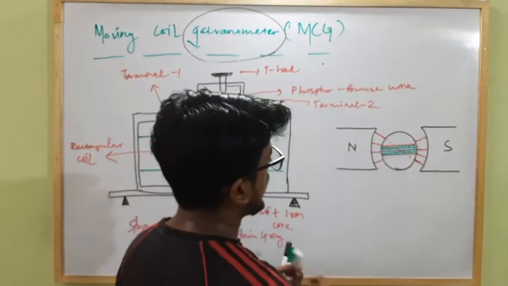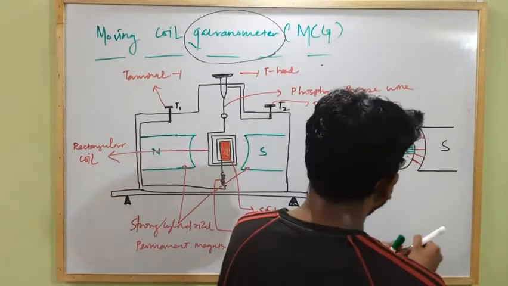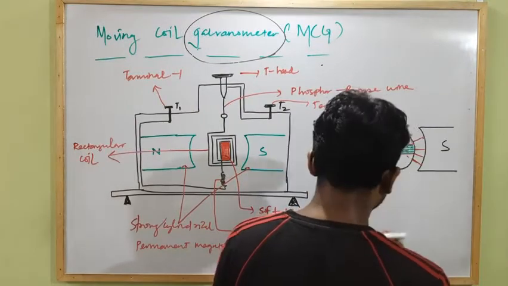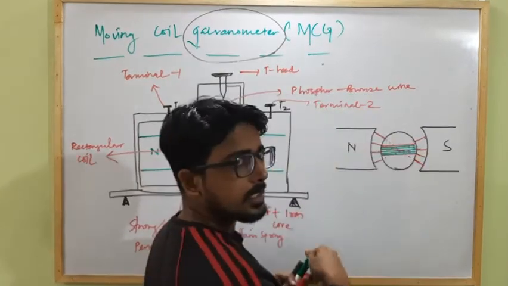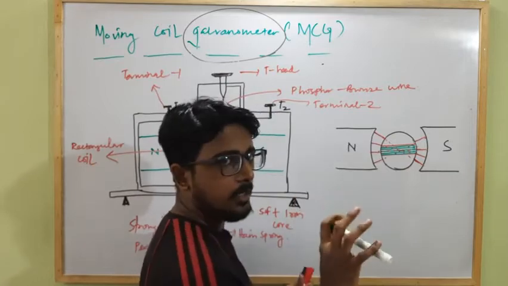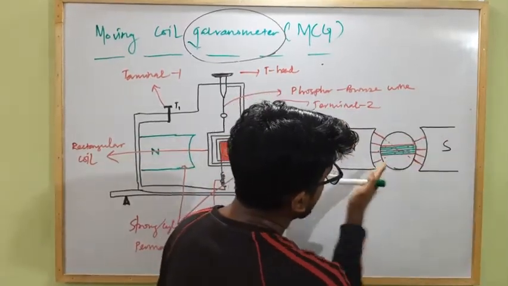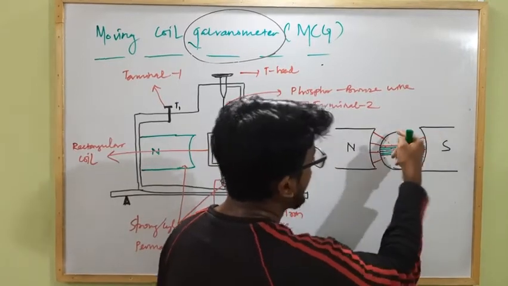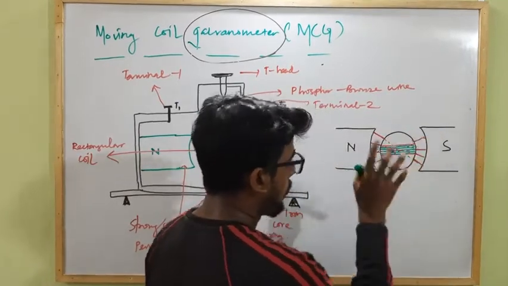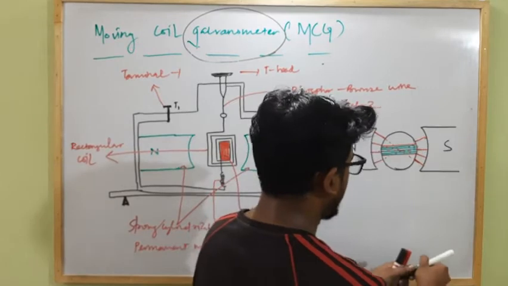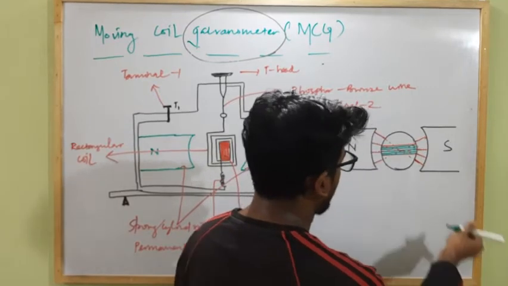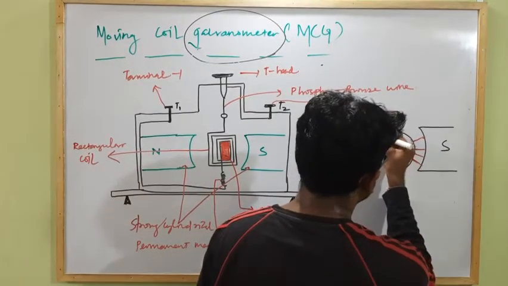Like this. But in reality the lines of force never intersect. The field lines can never intersect, but from outside it seems that the field lines come along the radius of the cylindrical core, but in reality the field lines within the cylindrical core go like this.